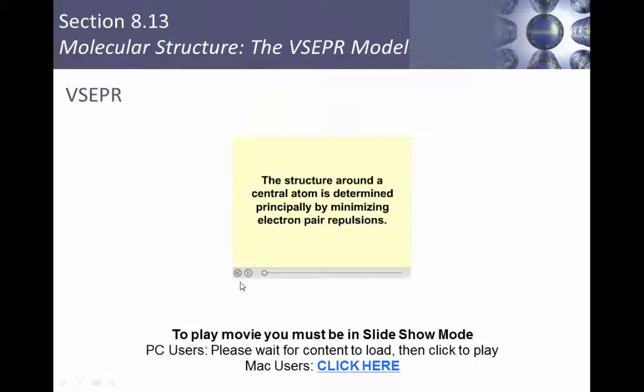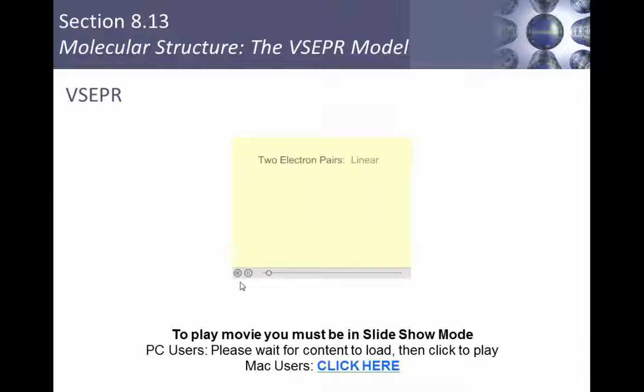The structure around a central atom is determined principally by minimizing electron pair repulsions. Two bonding electron pairs around the central atom result in a linear structure. Carbon dioxide has a linear structure. The bond angle for a linear arrangement is 180 degrees.